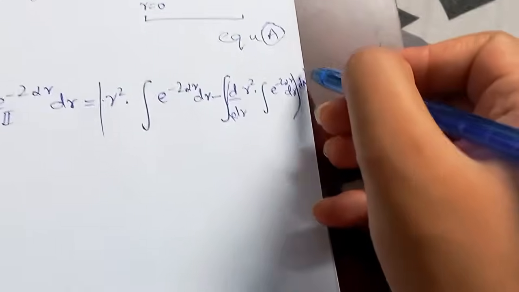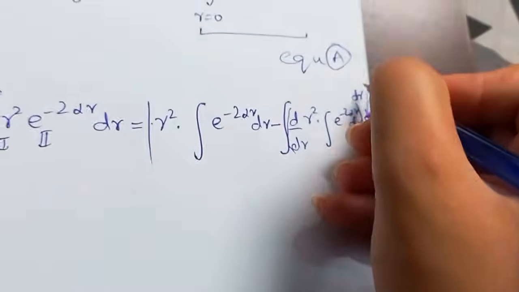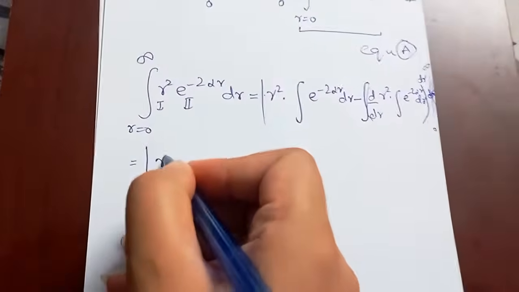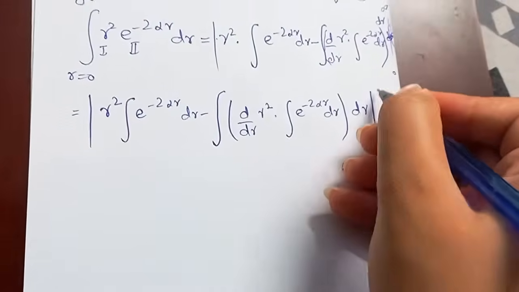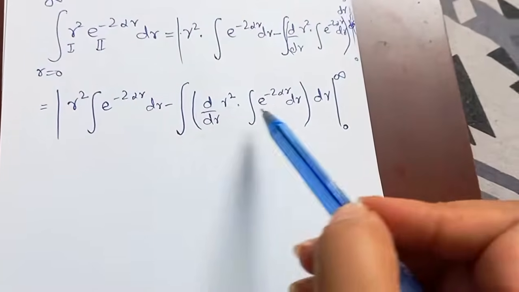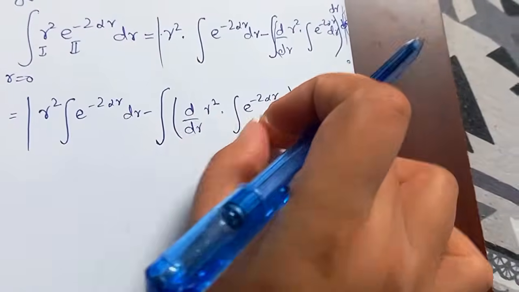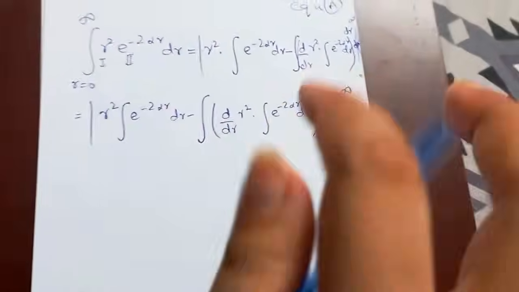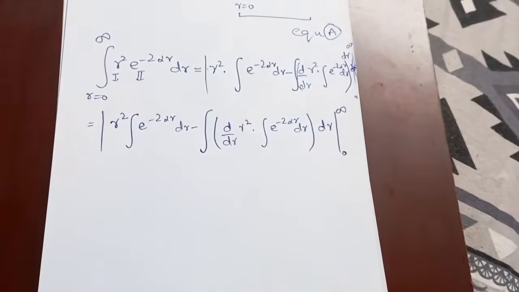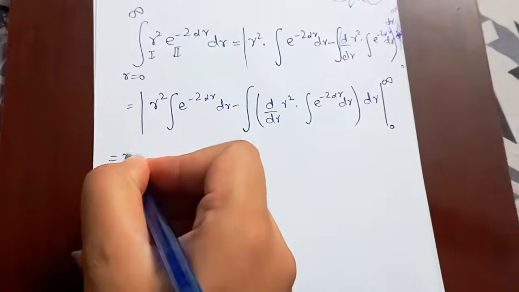Oh, I can't write it here. It's dr and 0 to infinity, let me write it again here. It's r square. Okay, so this is how it's gonna look like. We'll calculate it first, and we'll take integration of this term again. The limit of integration will be inserted at the end when all of it is simplified. Okay, so let's solve it.